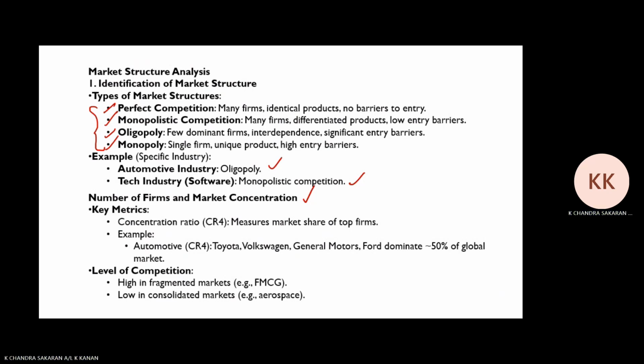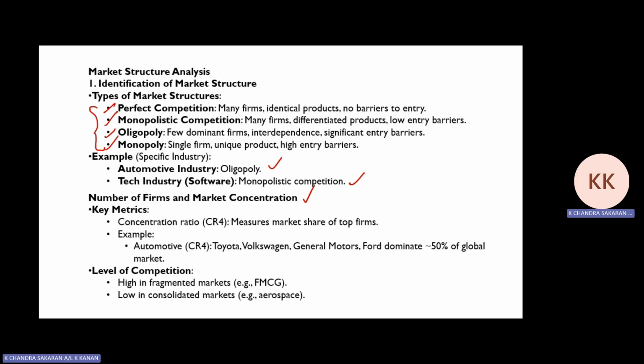Oligopoly, like the car industry, aircraft industry, all this, has very few large firms. Normally you look at the four largest firms in the industry, which may control more than 50% of the market.